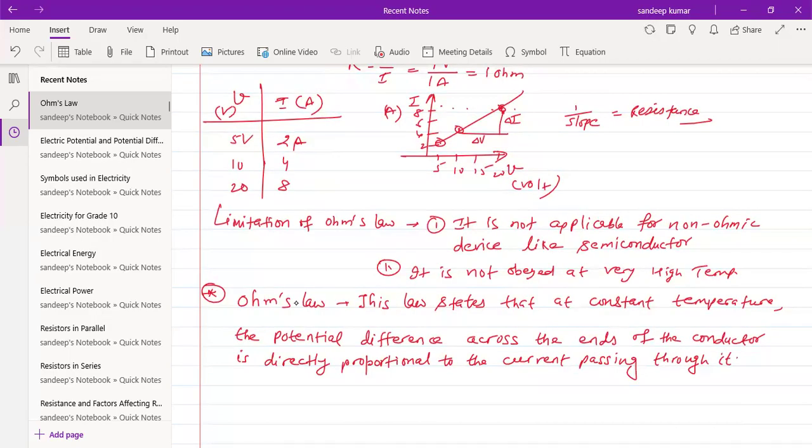Is it clear? Please note it down. This is a very important statement. Or you can also say that at constant temperature, the current passing through the conductor is directly proportional to the potential difference. This statement is also correct.